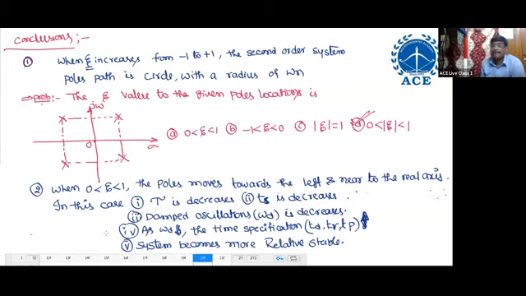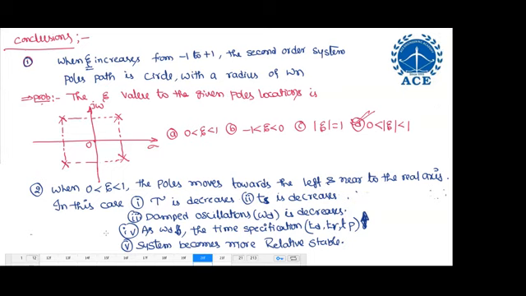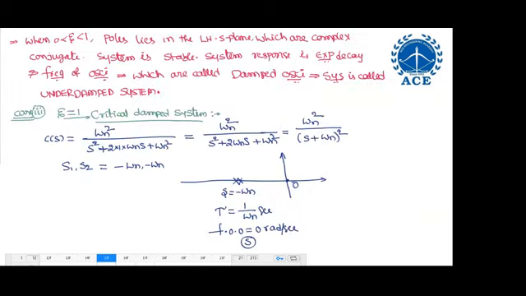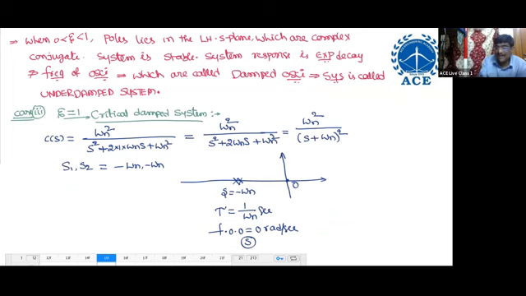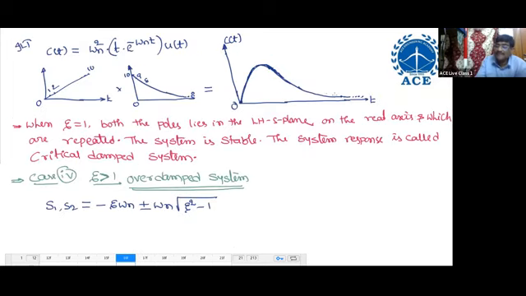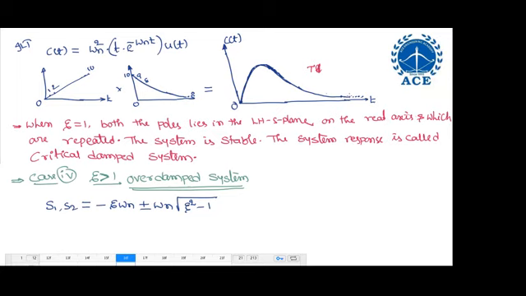The system responses of critically damped and overdamped are kind of the same. If a question comes with a graph in a match-the-following type, how do we decide? The main thing is that critically damped has a very, very small time constant; it reaches steady state very quickly.